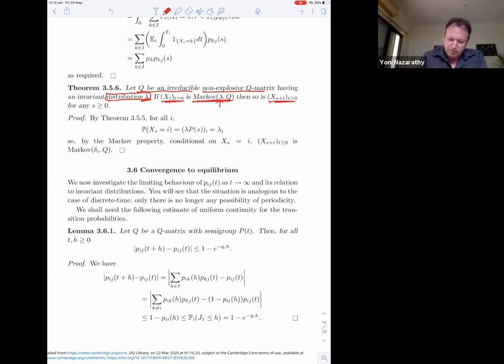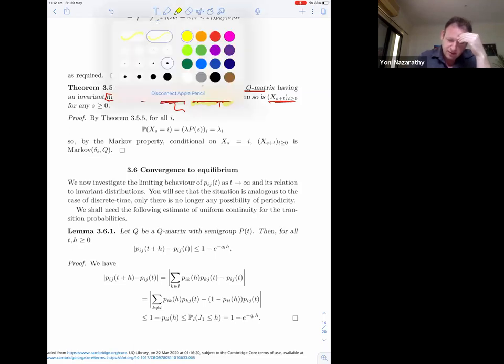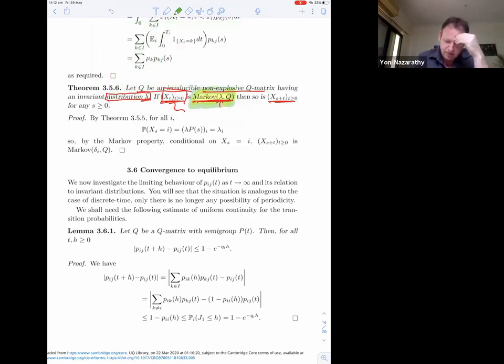The probability law of this sequence of random variables, a stochastic process, which is what this course was about, is described by Markov lambda Q. If you shift time s units forward, then you're also going to be Markov lambda Q, with the same lambda.